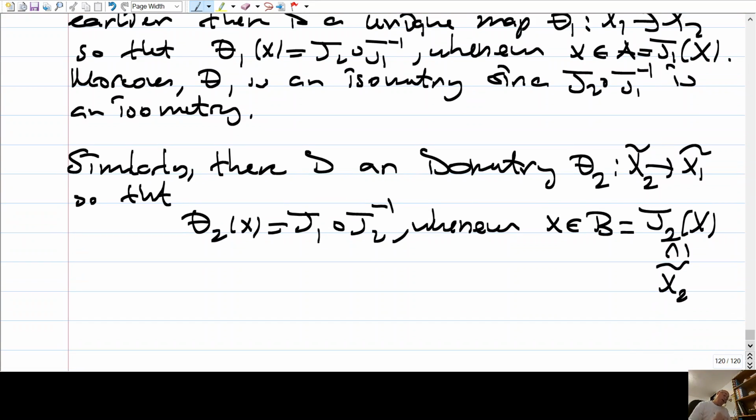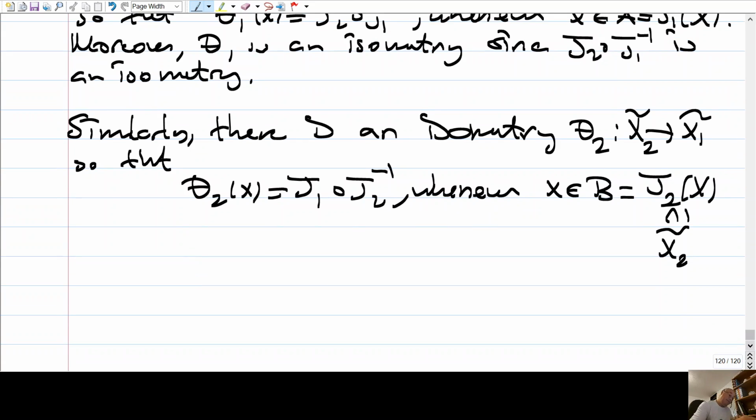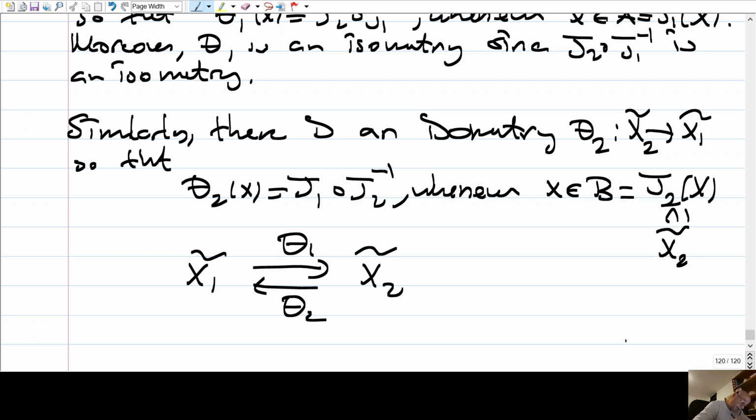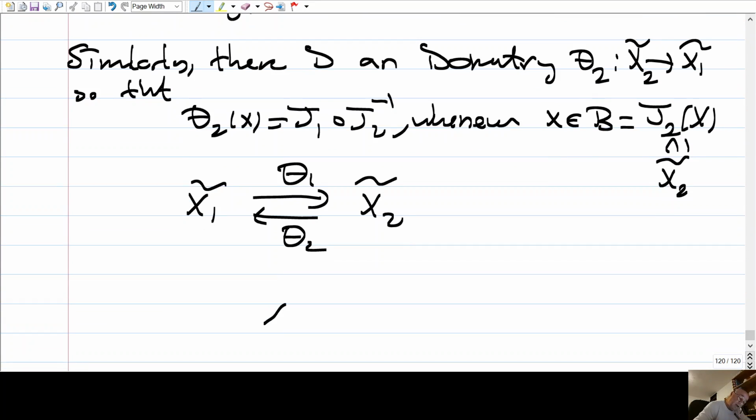Now I have x1 tilde here, x2 tilde here. I have this theta 1 map here, an isometry. Theta 2 is another isometry. And I have here x, and here we have j1, and here I have j2. What we know is this.